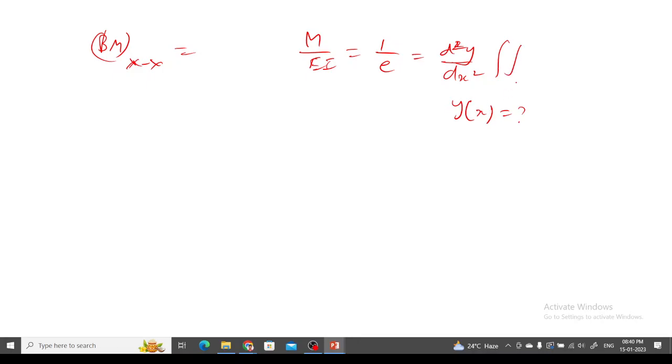For integration you have constants like A, B, C, which can be found from the boundary conditions. For example, dy by dx is theta. For a cantilever beam at A, theta A equals 0, meaning dy by dx at A equals 0, and y A equals 0. Based on these you find the constants. That is the double integration method, and that also we won't be seeing.